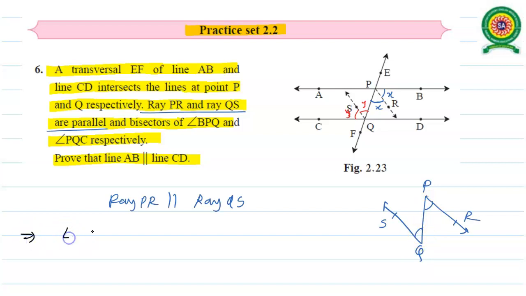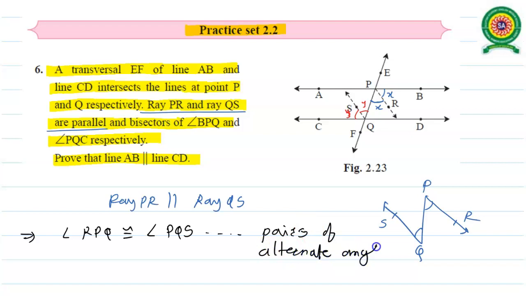I am writing angle RPQ is congruent to angle PQS. Why does it become so? Because those are pairs of alternate angles.